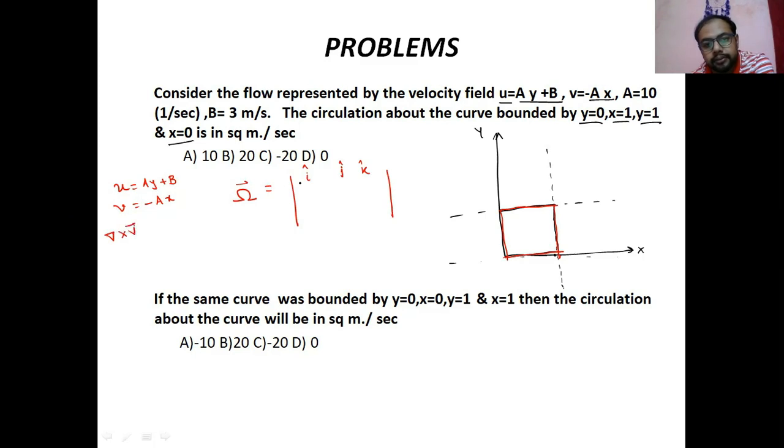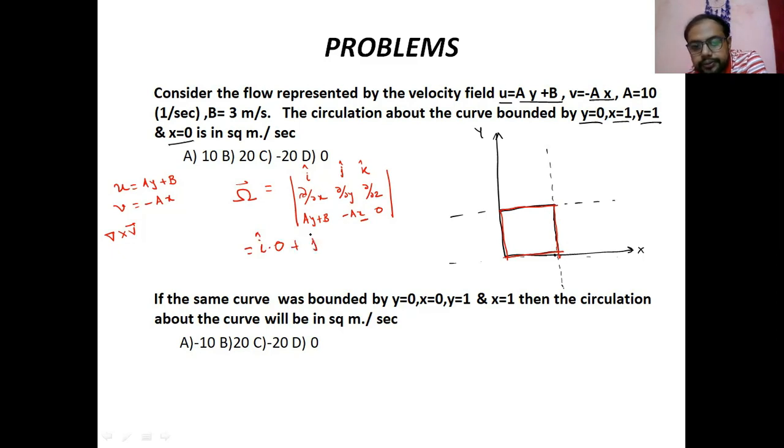There is no z component, so del by del x, del by del y, del by del z, with U equal to AY plus B and V equal to minus X. For the i component, it is i times 0 minus 0, because the velocity components depend only on x and y, not on z.